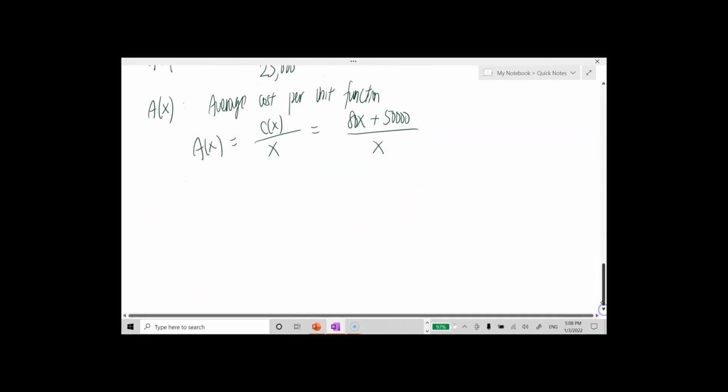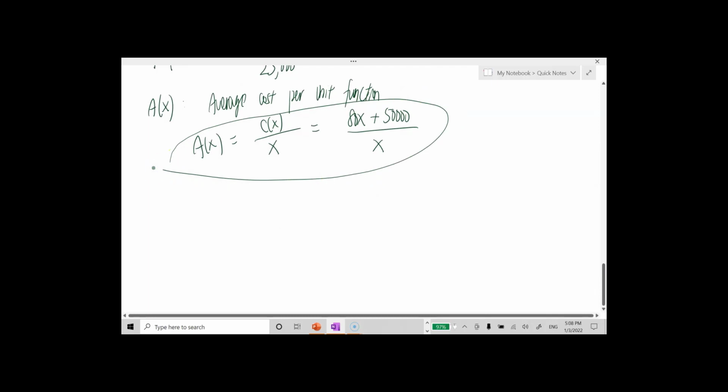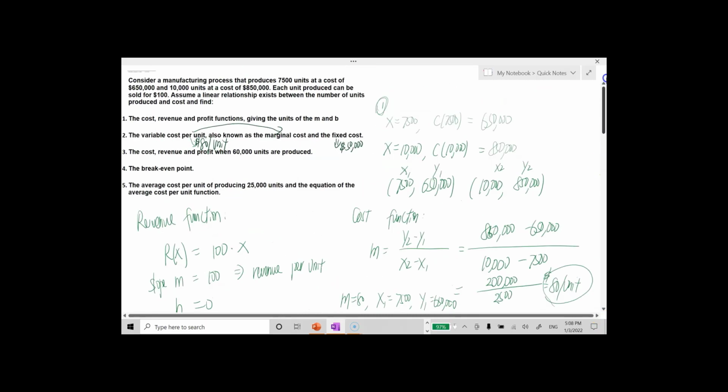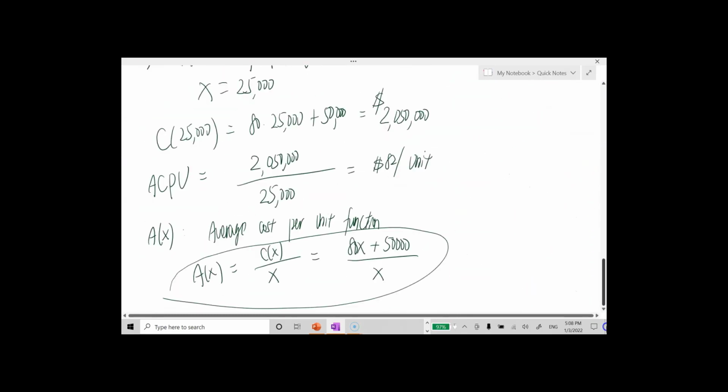We come up with the general form of the average cost per unit function. And that's pretty much everything on this section. You should look into the back of the textbook and go into the details of calculation in terms of dealing with the cost function, revenue function, and profit function. Very, very important topic in the production process.